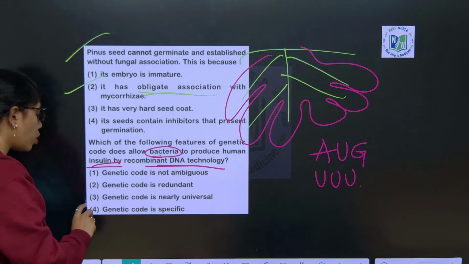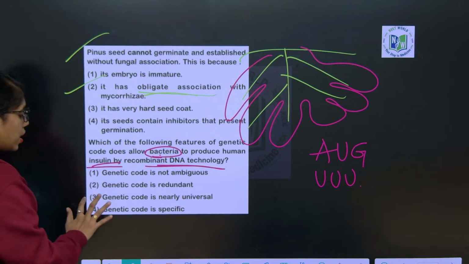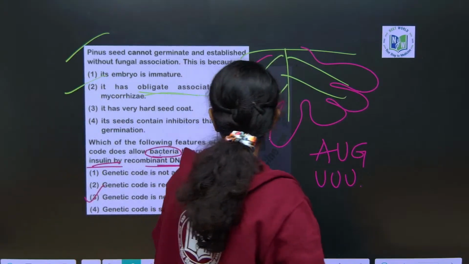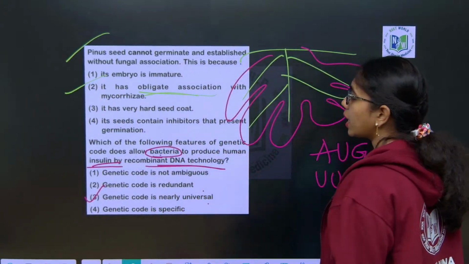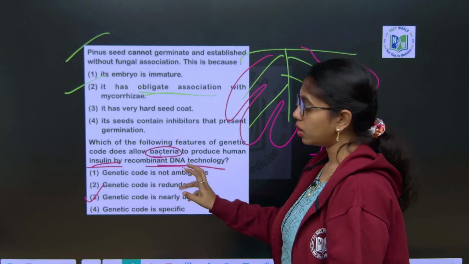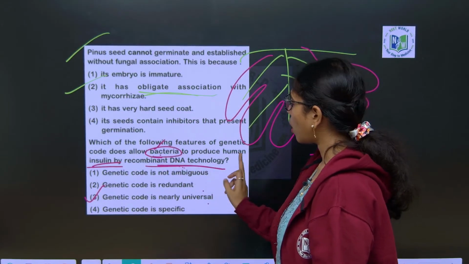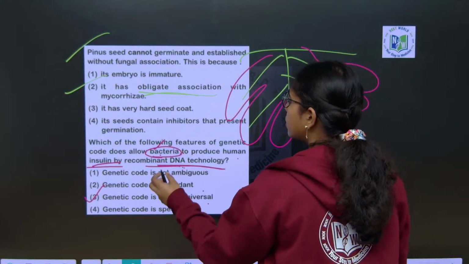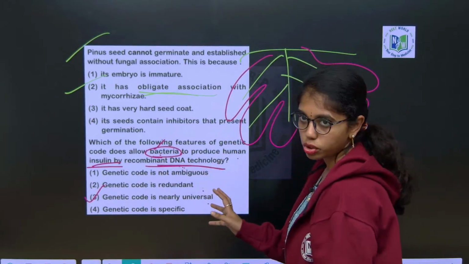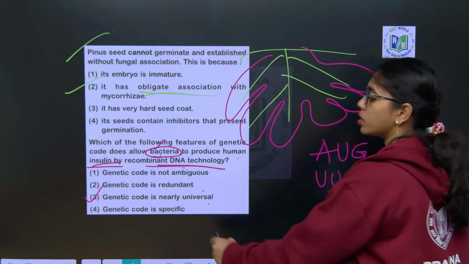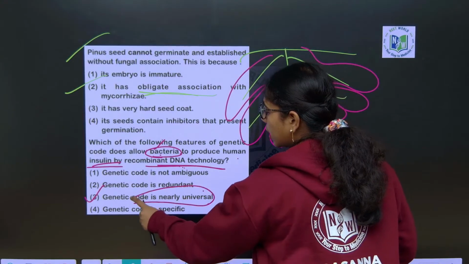As the genetic code is nearly universal, rDNA technology will work whether it is in bacteria or in human. This is how bacteria are used to produce human insulin by rDNA technology, because of only one feature, that the genetic code is nearly universal.